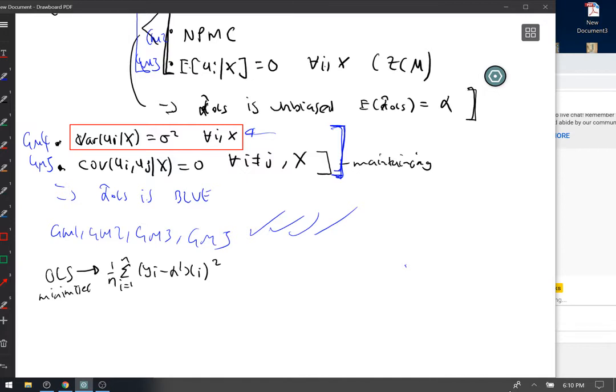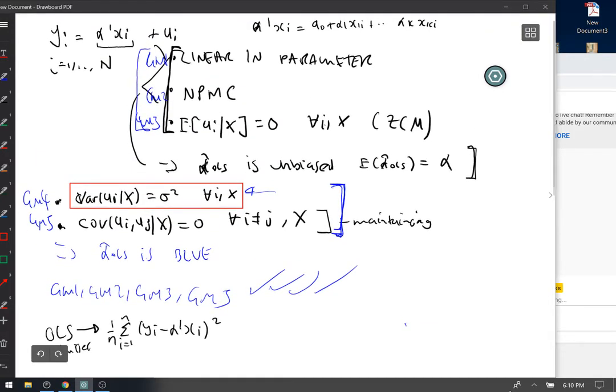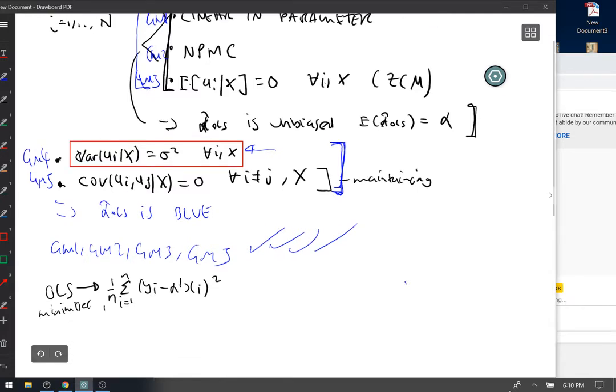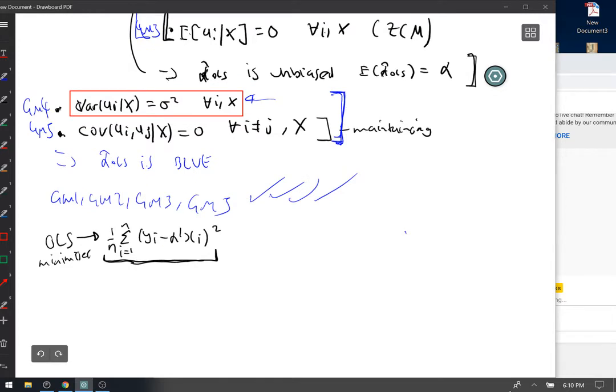So if each point in the sample has the same level of variability in the error, u_i, the mistake, then the best thing you can do when choosing your weights to construct this measure of loss, or how far the line is from the set of points, is to give equal weights to each point in the sample.